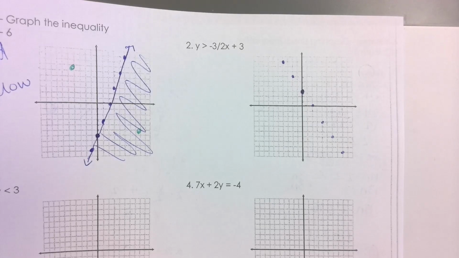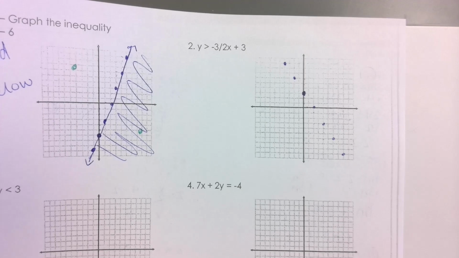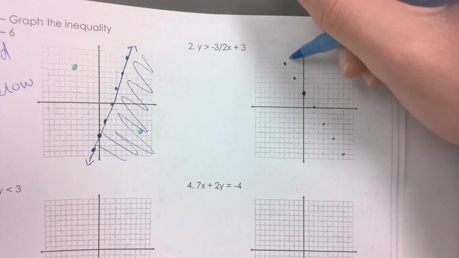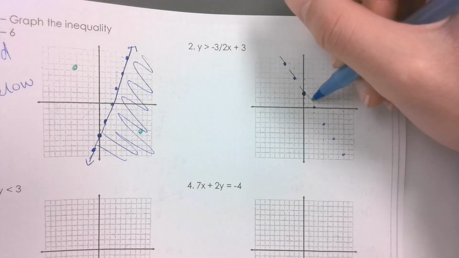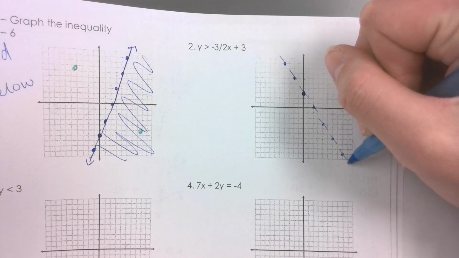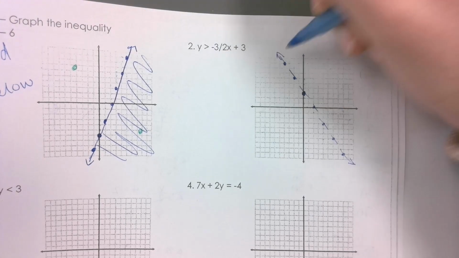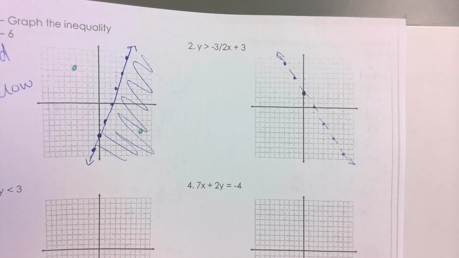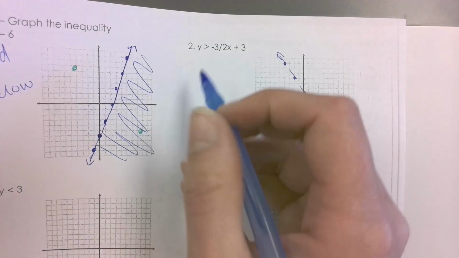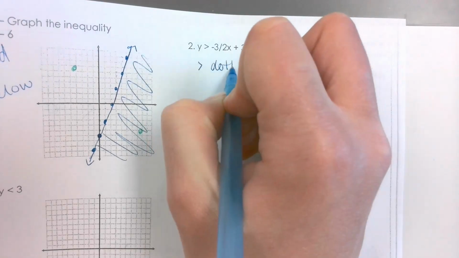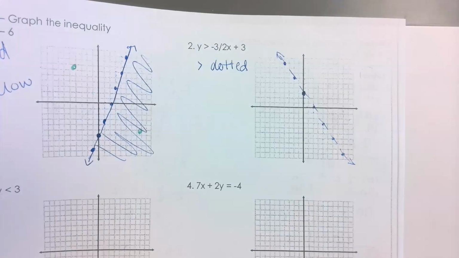How do you know it's dotted? How do we know this is going to be dotted, y'all? Because there's not an equal to on your inequality sign. So since it just says greater, that means dotted. Remember, if it's got an equal to on there, that tells us to have a solid line.